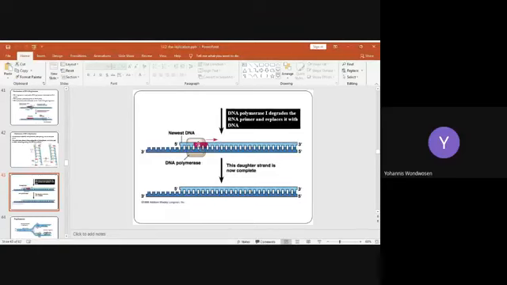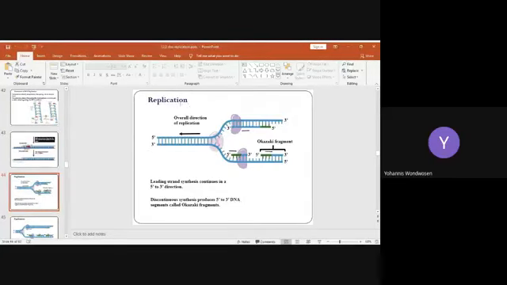So as you see here, after the daughter strand synthesis is completed, the DNA polymerase 1 can undergo the removal of the RNA primer from the newly synthesized strand. Then rejoining of the remaining strand takes place by the ligase enzyme.